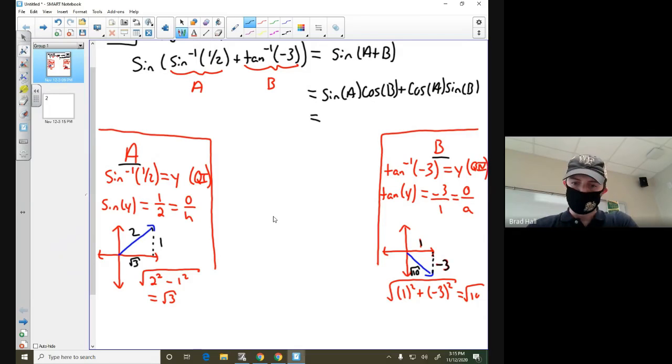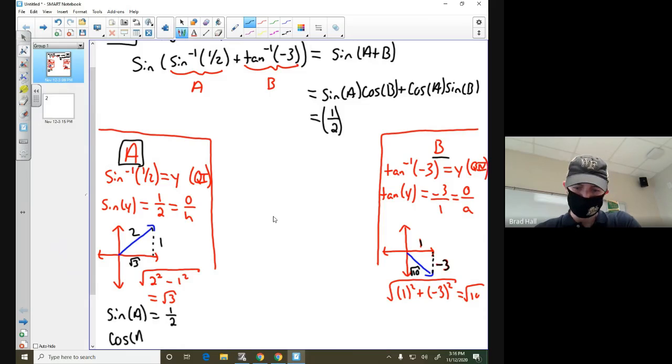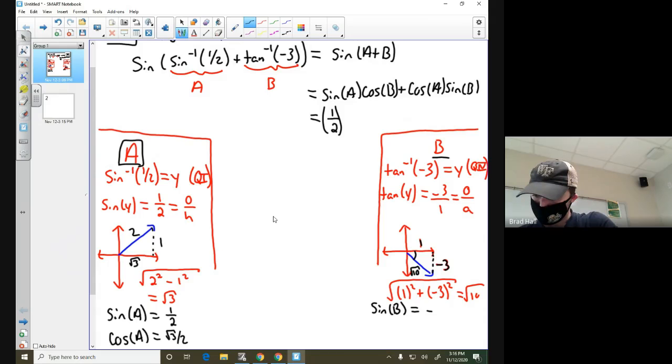So sine of A, we look at the A triangle, and that tells us 1 over 2. We will need cosine of A, which seems to be square root of 3 over 2. We'll write that down in a bit. Sine of B, according to this triangle, is negative 3 over the square root of 10. Cosine of B seems to be 1 over the square root of 10.